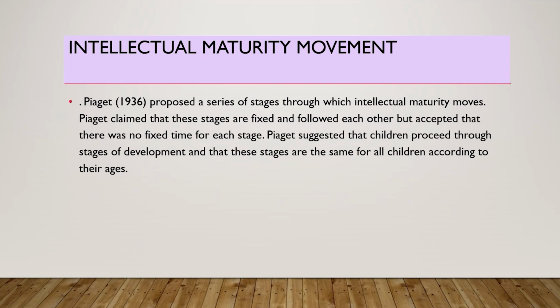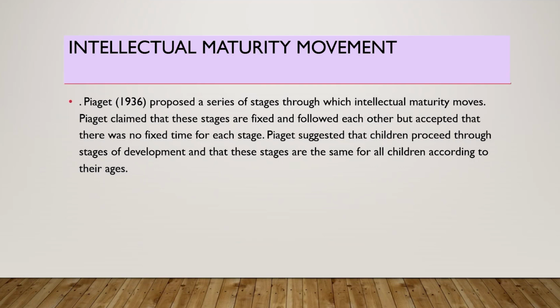When we look at this, it means that children develop through maturity. He proposed a series of stages through which intellectual maturity moves. He claimed that these stages are fixed and follow each other, but accepted that there is no fixed time for each stage.